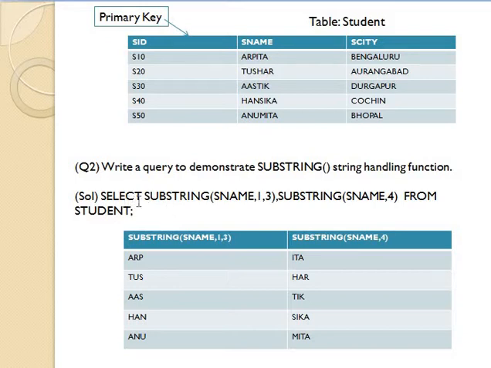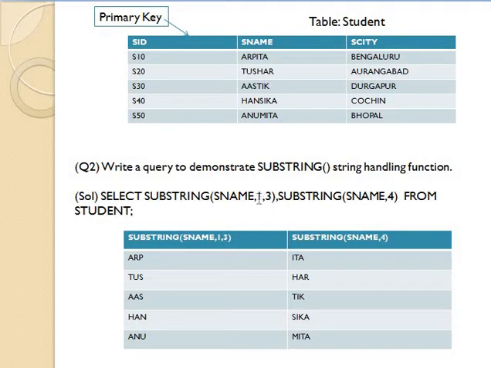Now see the query. The query says select substring of sname, 1, 3. The 3 here indicates that I shall retrieve 3 letters, starting from the first letter.